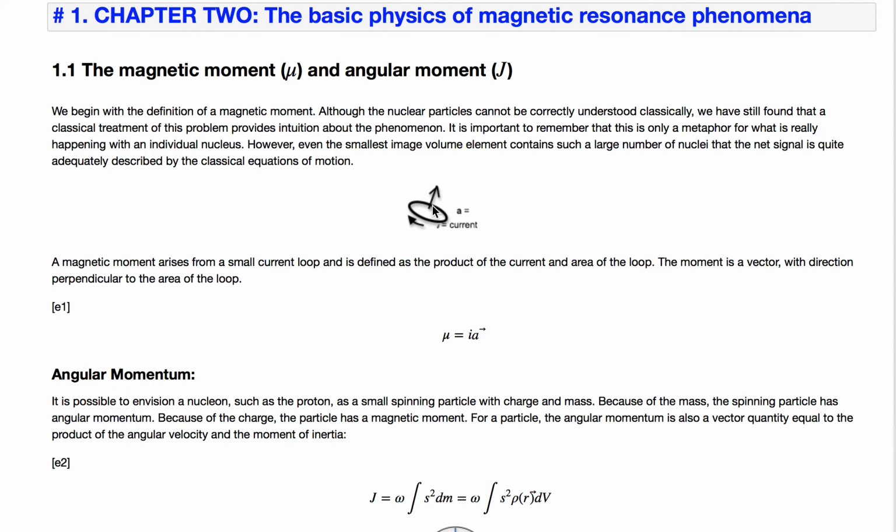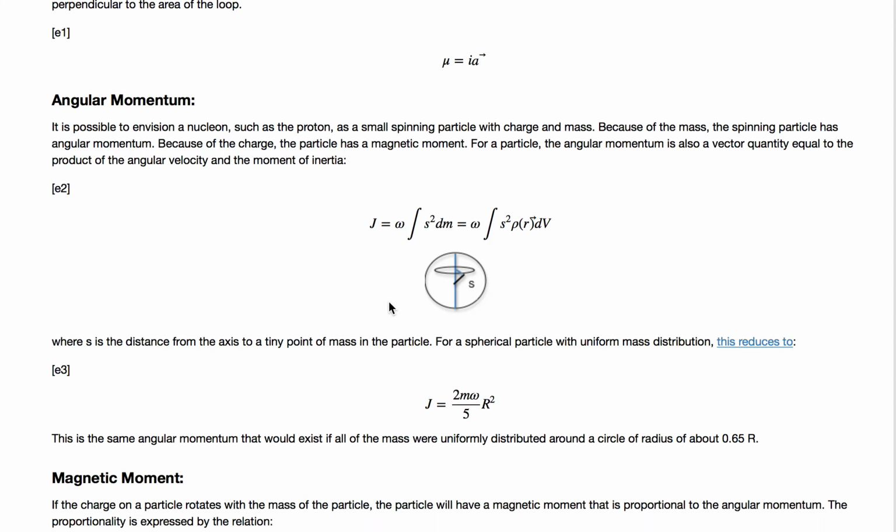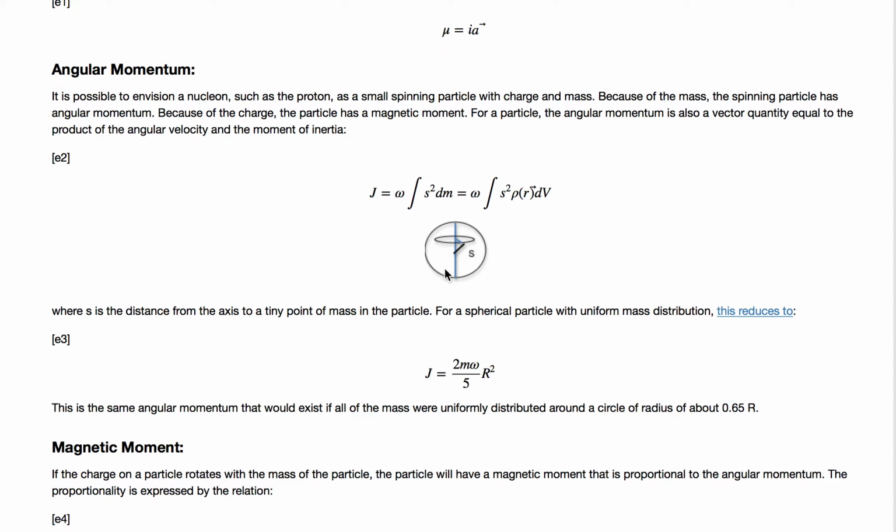That's the vector direction. And the angular momentum has a classical definition which is based upon assuming that you have a particle that's rotating at an angular velocity omega, and it has a distribution of mass which is given by the density rho, and the angular momentum is this integral over all space of the density times the distance of that density from the axis squared.